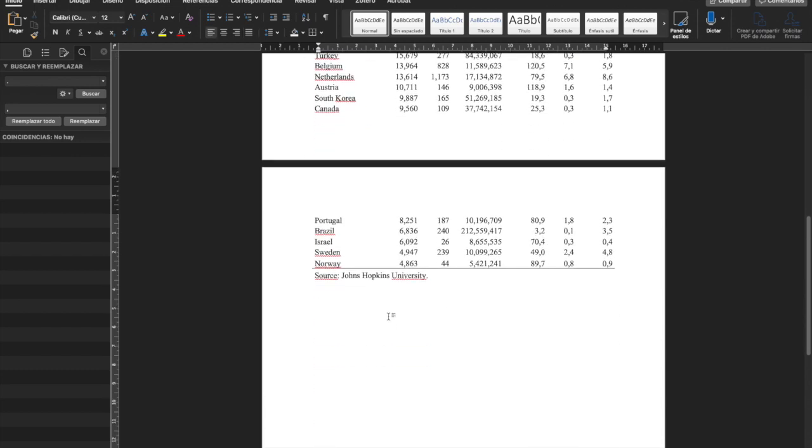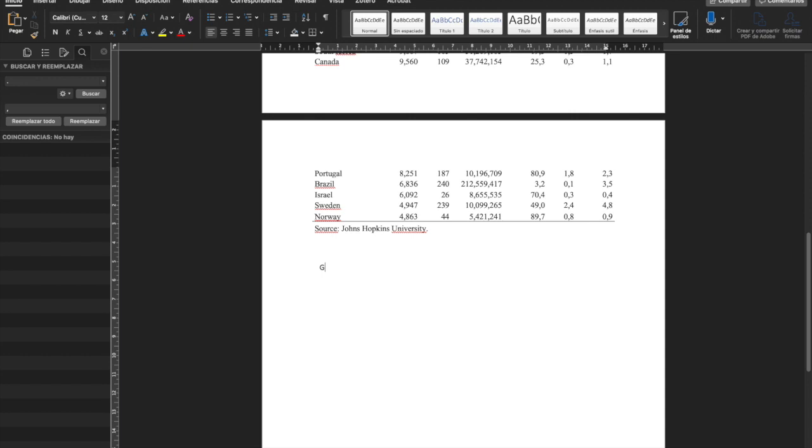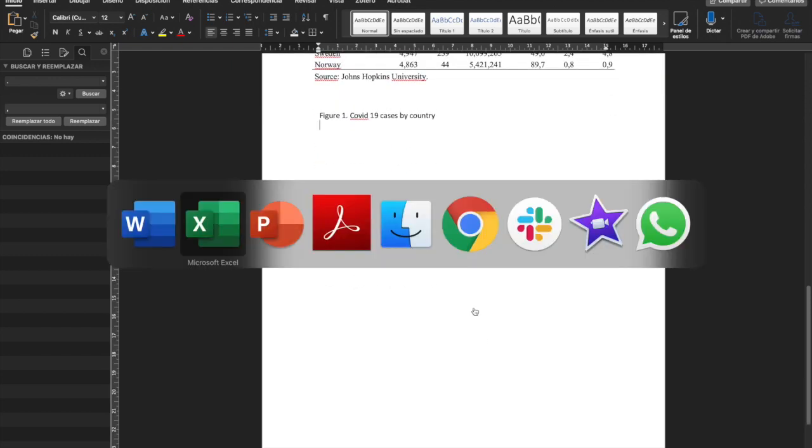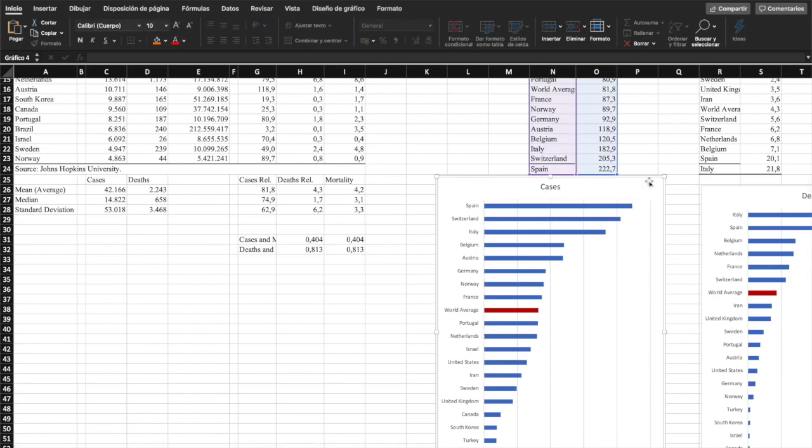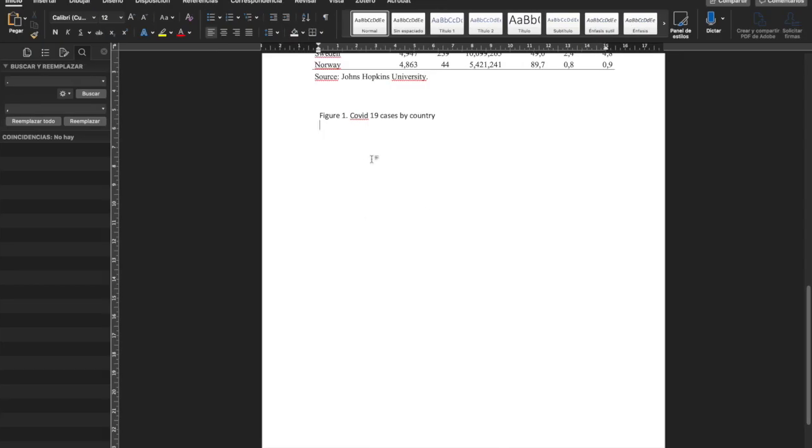Then you can drop here, for example, the graphs. So Figure 1: COVID-19 cases by country, and then you can just come here, copy this, and paste it right here.